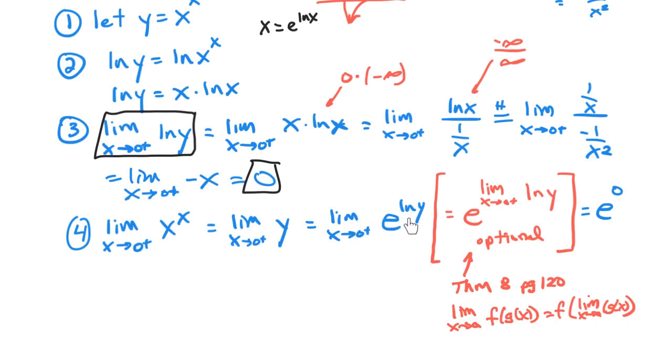Because we found the limit as x approaches 0 from the right of natural log of y is 0, so we get e to the 0, which is just 1. So after all of that work, the answer to the original question, which was in the form of 0 raised to the 0, is just 1.